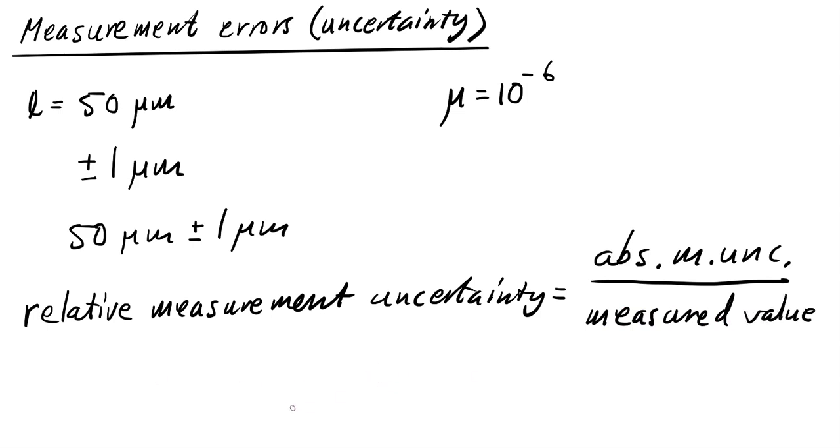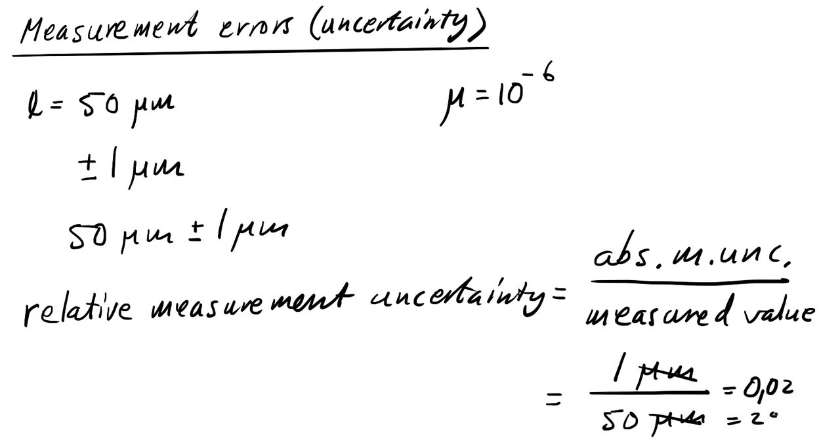So the relative measurement uncertainty in our case here would be 1 micrometer, because that's the error we estimate, divided by the measured value, which was 50 micrometers. We can cancel the units. So this is 0.02 or 2%. If you compare the error to what you measure, then you say that the relative measurement error is 2%.